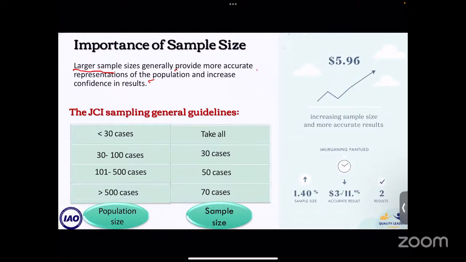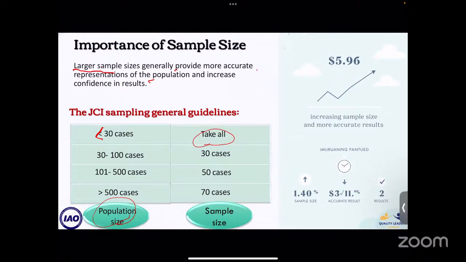So here's a general guideline for sampling. This is our population size. If the population is less than 30 cases, then take all of them, meaning the minimum is 30 cases.